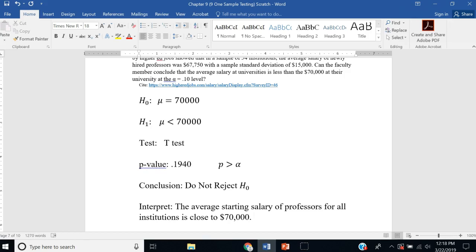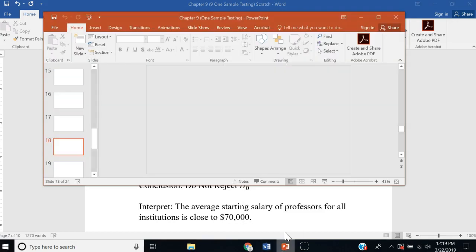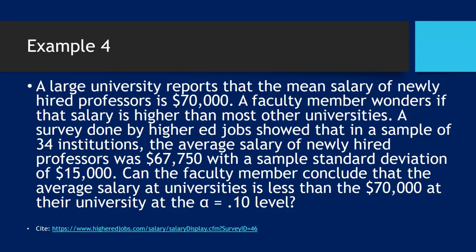Okay, so the average starting salary of professors for all institutions is close to $70,000. Let's go to the next example.